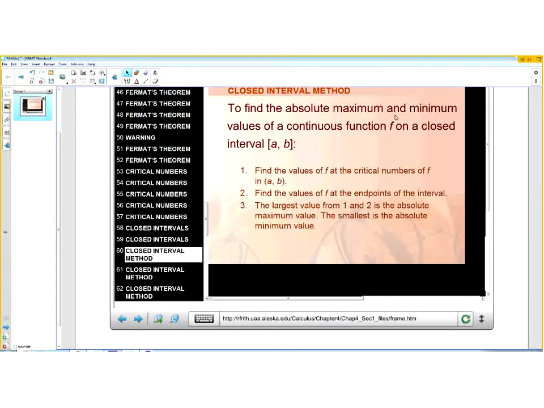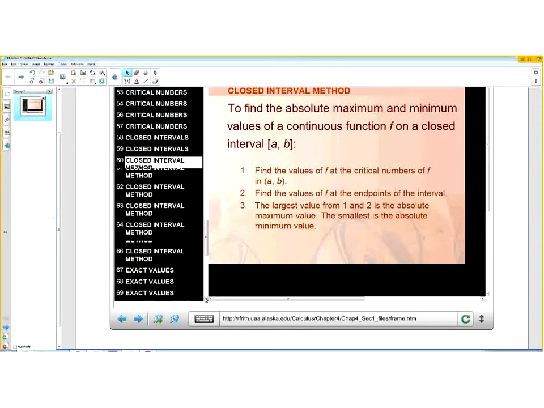To find the absolute maximum and minimum values of a continuous function f on a closed interval, find the values of f at the critical numbers of f in the open interval. We can use Fermat's theorem to do that. Then find the values of f at the endpoints of the interval. The largest value from steps 1 and 2 is the absolute maximum value, and the smallest value is the absolute minimum. Do they give an example? They probably do.